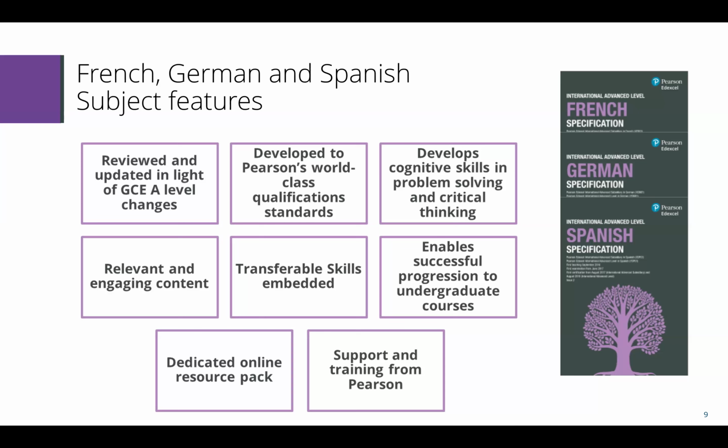It depends, of course, on your students, but generally you would have 2 years of teaching. And in the first year, you would perhaps prepare your students for the first 2 units, and they would take the exam. Now, it is possible for them to take an exam in the November-January series, and of course they can also take it in the summer series.